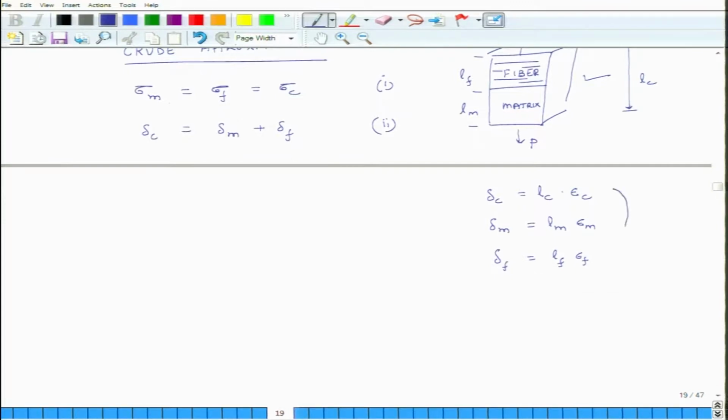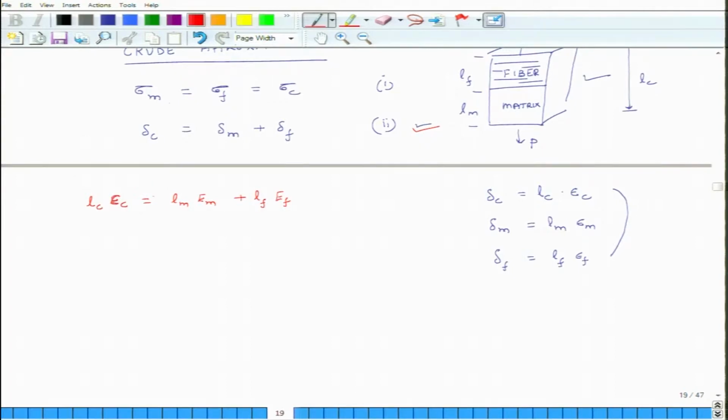So I put all these three equations in my second equation, and I get Lc epsilon c equals Lm epsilon m plus Lf epsilon f.